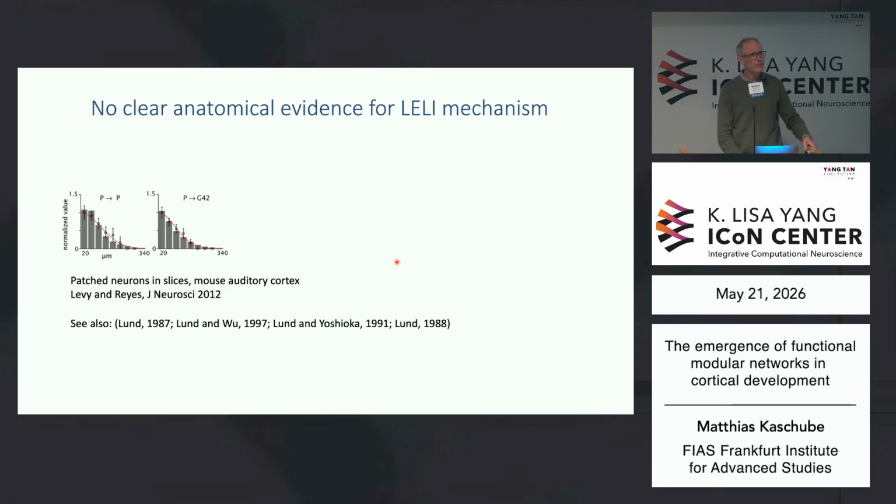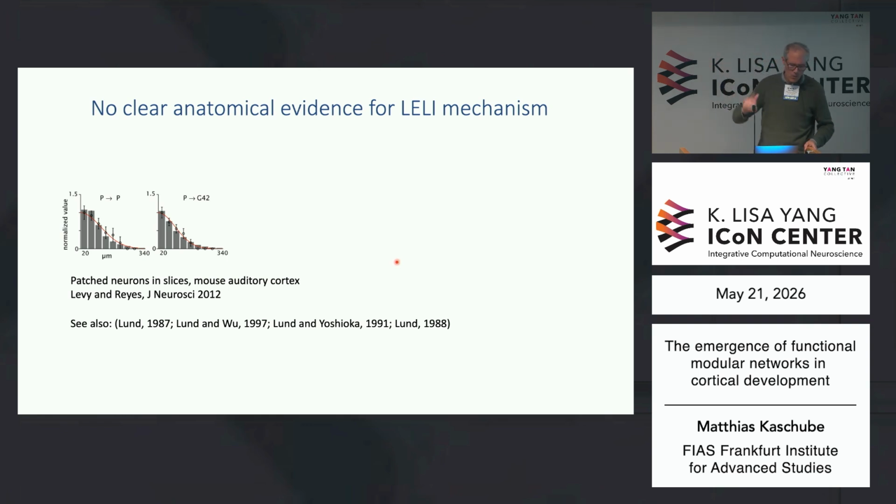So what is the evidence for or against Lilai? There's one highly cited work on the left-hand side, which has sort of the dream experiment, right? You take a patch of the cortex, a slice, and you patch two cells, and you check whether they are connected or not, and then you look at the histogram of connectivity as a function of distance.